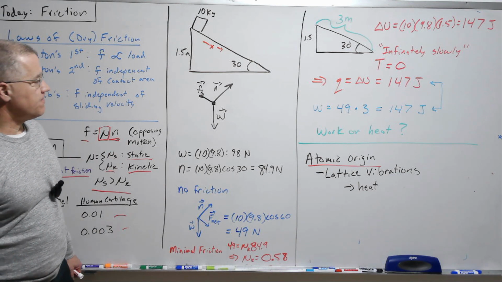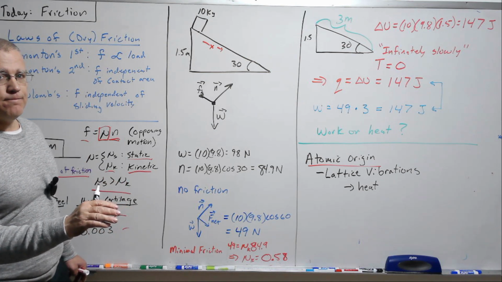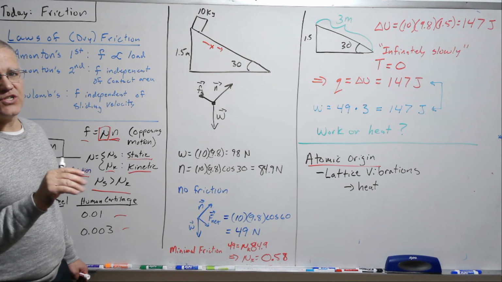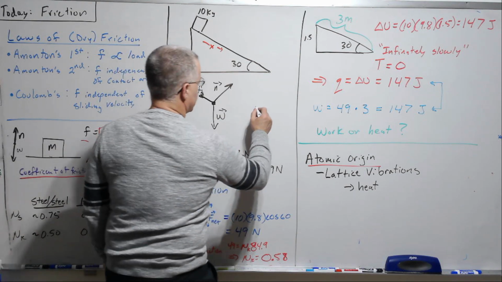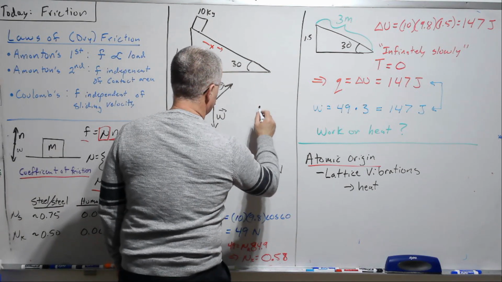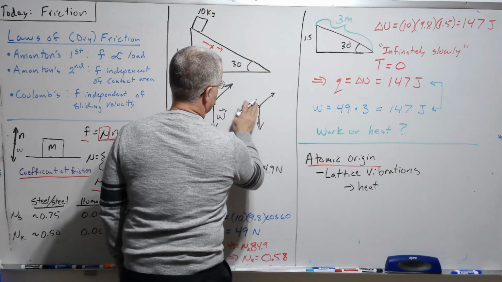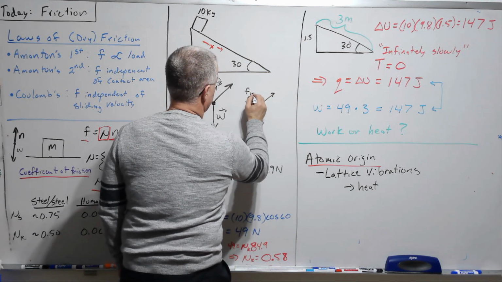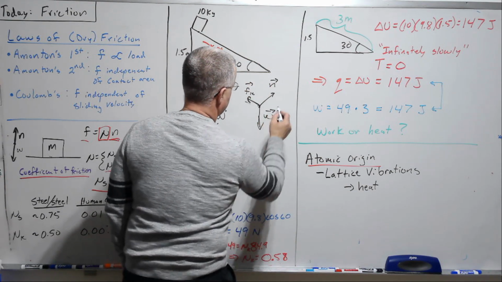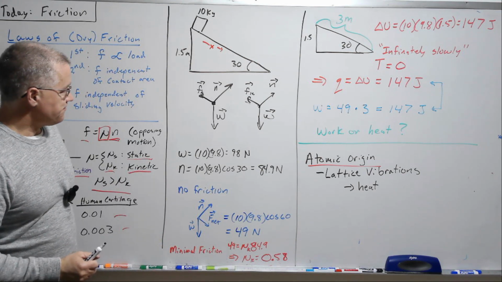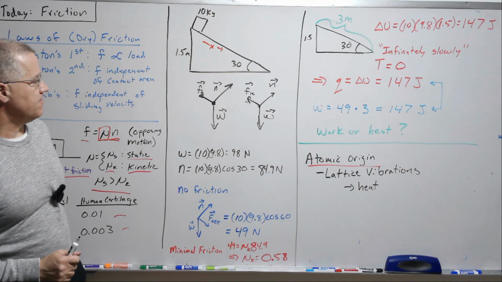Now, let's let the box slide, but slide such that it's moving at constant velocity, or what's called terminal velocity. This will look exactly the same, because we're moving at uniform motion. The only difference here is that this will be kinetic friction, and it will have no net force, so we'll be moving at a constant velocity.